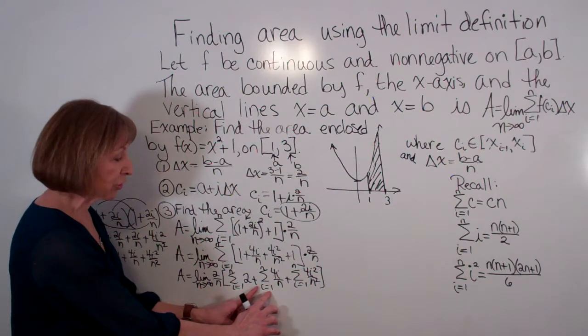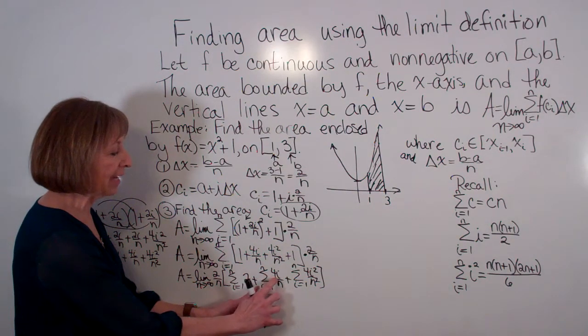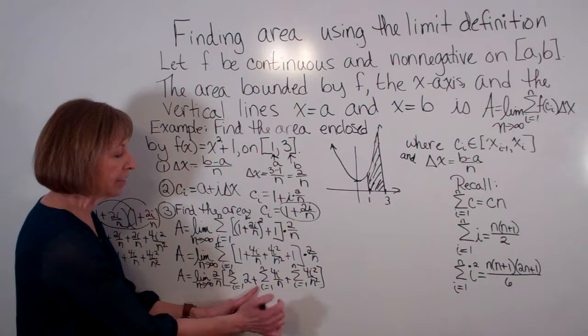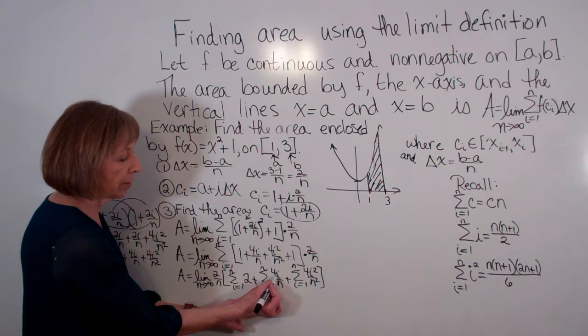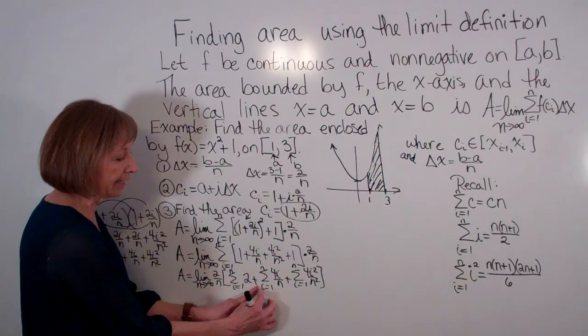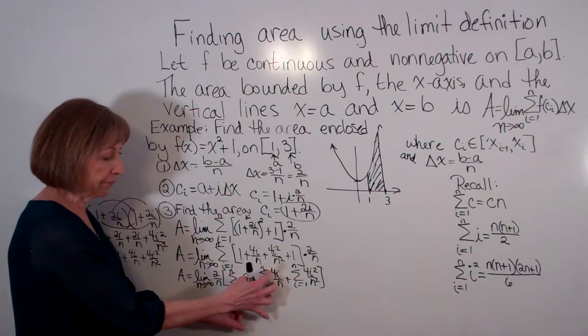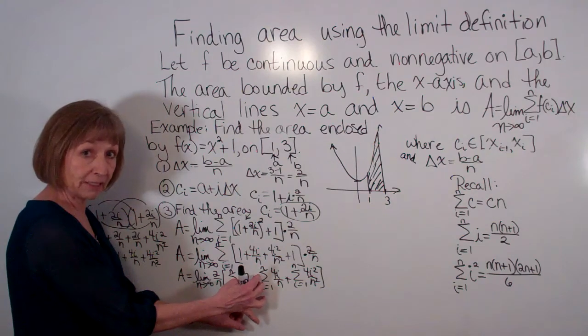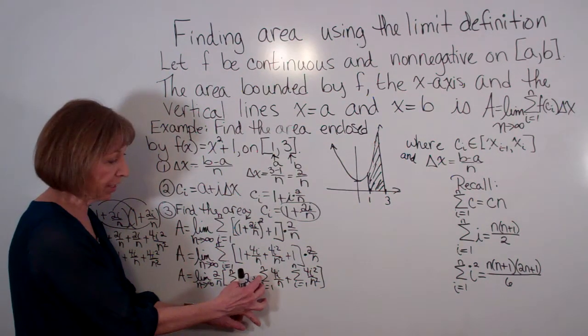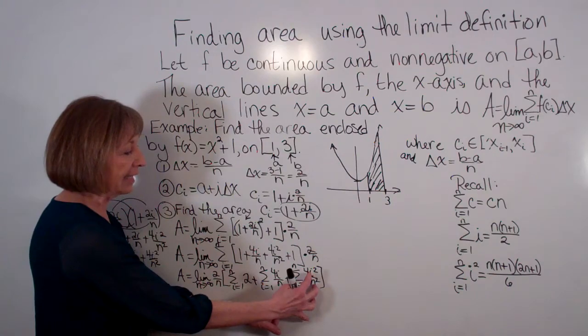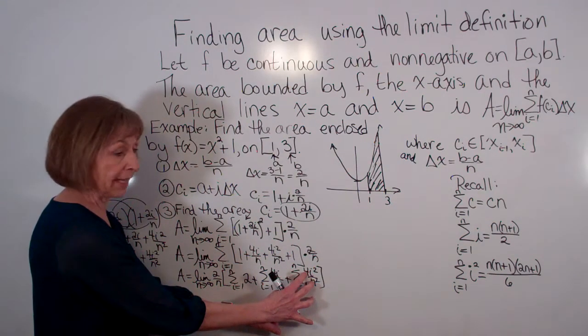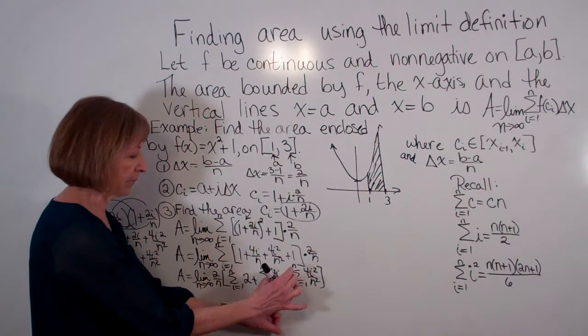In the second term, summation i equal 1 to n of 4 times i over n, well, this 4 factor and this n are not the index that we have in our summation. So this 4 over n can pull out just in front of that summation. It's not the whole thing, just that one. And in this last term, my 4 over n squared can come in front of that summation.